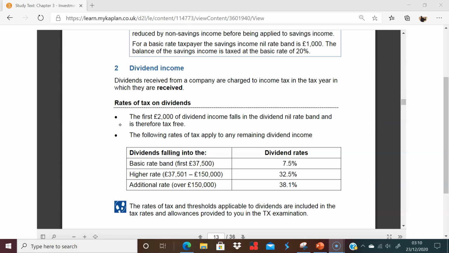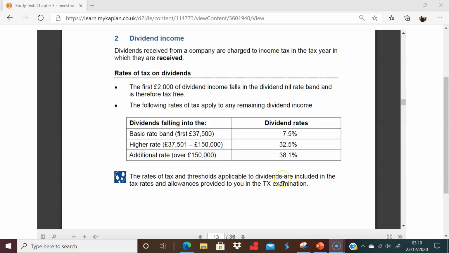So we would have done non-savings, then savings, and so dividends tends to be in the higher rate band or the additional rate band, just because the lower bands have been used up by savings and non-savings. And this is given to you, but again, you come to know what these numbers are. And there you are.